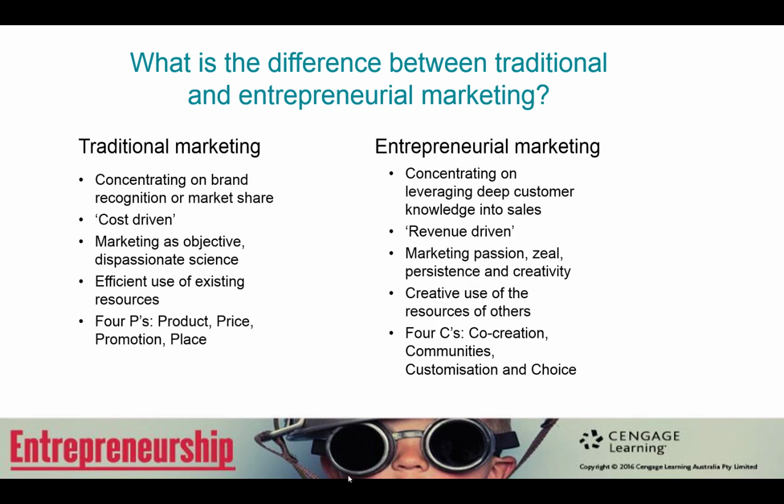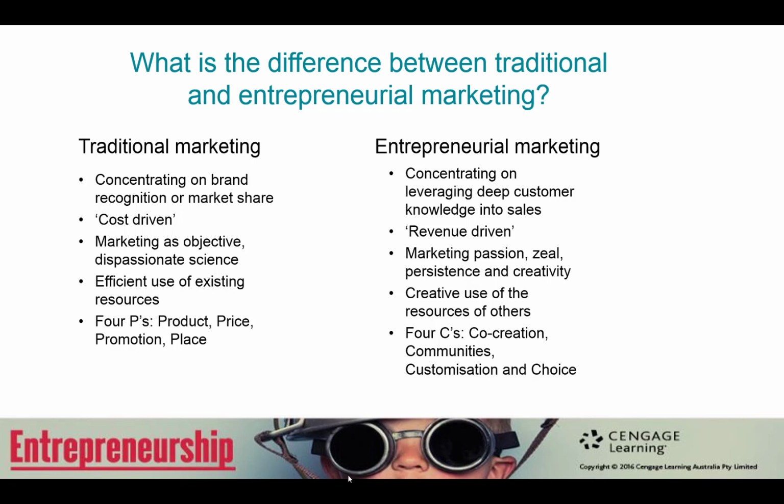Entrepreneurial marketing, on the other hand, really focuses on the customer relationship, understanding the customer, whether it's using things like the design thinking process to empathise and understand what's driving the customer's behaviour, and coming up with a long-term value proposition that we might offer to that customer. Traditional marketing tends to be driven a bit by costs, focusing on what the cost of production is now, whereas entrepreneurial marketing is very much focused on future revenue generation. What will that revenue look like into the future?